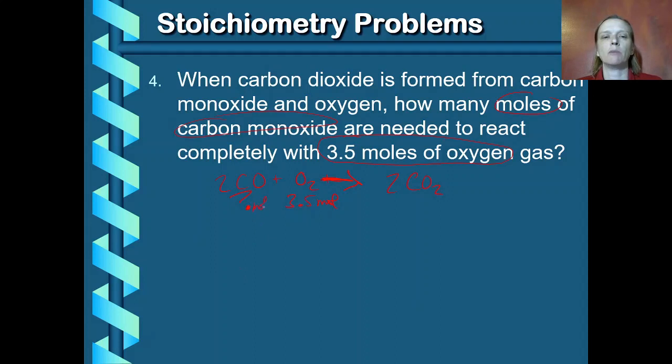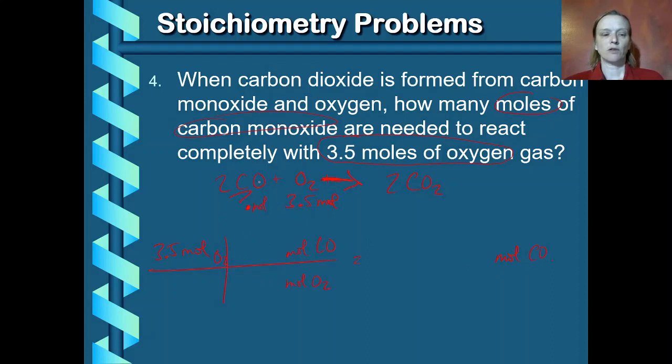We want to know how many moles of that carbon monoxide we need. So we set up the equation. We start with our known. We're going to need 1 conversion factor to convert from oxygen to moles of carbon monoxide so that we can get our final answer of moles of carbon monoxide.